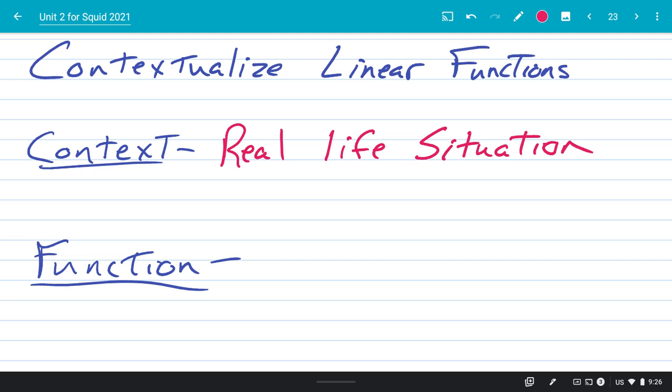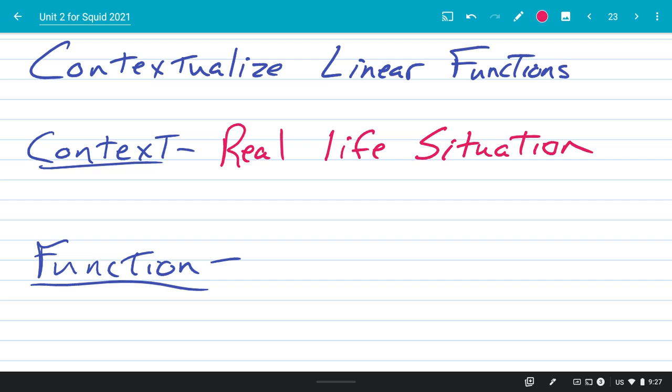I talk a lot about math being more than just numbers, right? It's about reasoning and logic. I want to figure out how to use this math stuff that you're learning in these classes and apply it to a real life situation. Putting it in context.